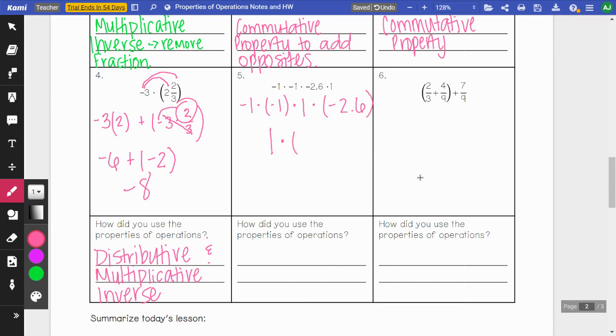And then I just have 1 times -2.6. Anytime we multiply by 1, we always get the same number. They have opposite signs, so my answer is going to be negative. And again, I use my commutative property, so I could change the order without changing my answer.